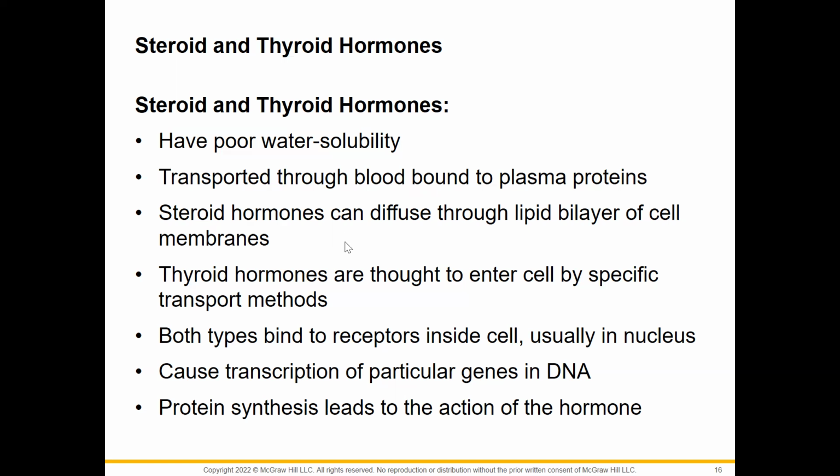Once the steroid hormone gets to the target cell, it doesn't have any problem. It can just diffuse through the membrane because remember, cell membranes are lipid bilayers. So because the cell membrane is made up of a lipid and steroid hormones are made up of lipids, these steroid hormones can easily cross the lipid membrane.